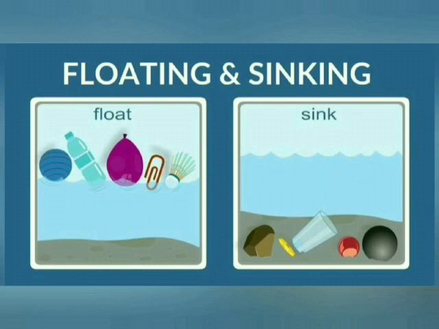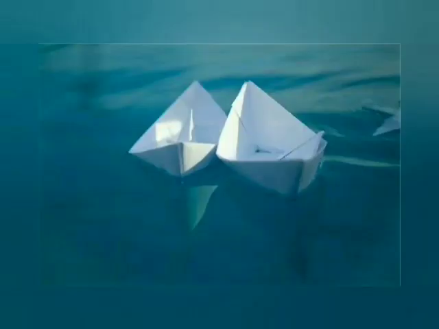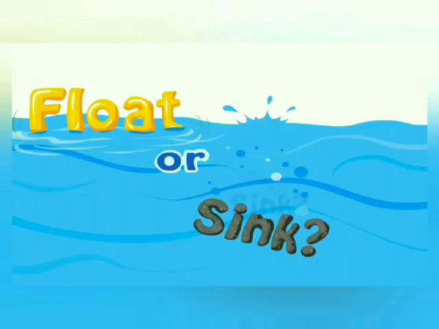When we put something in water, it will either float on the surface of water or sink to the bottom of the water. Like when you put a paper boat on water, it floats on water. Let us do an experiment to find out more about sinking and floating.